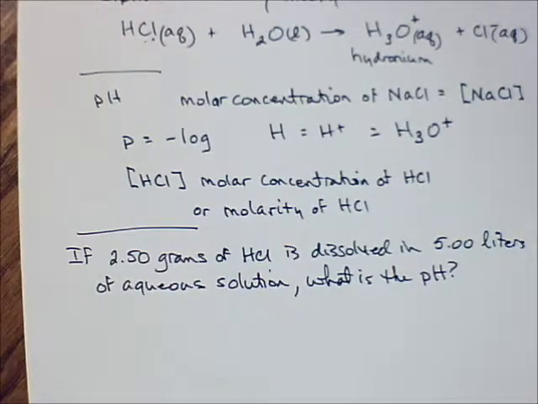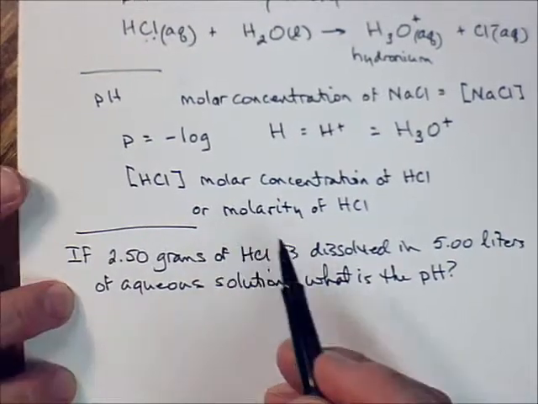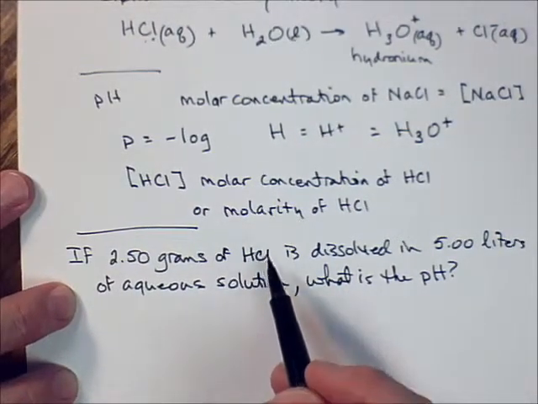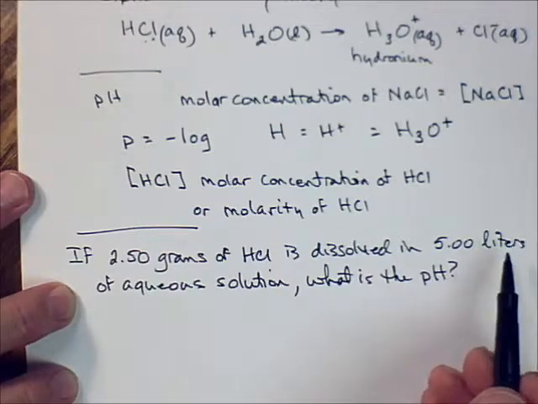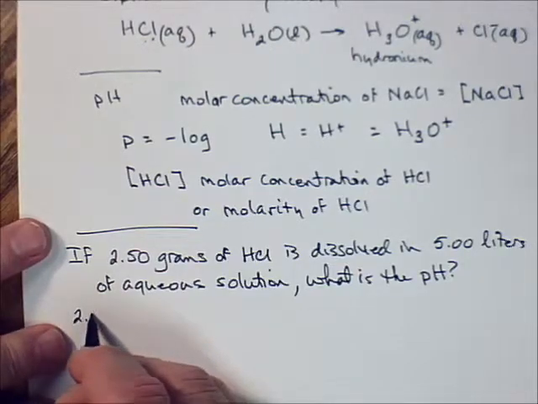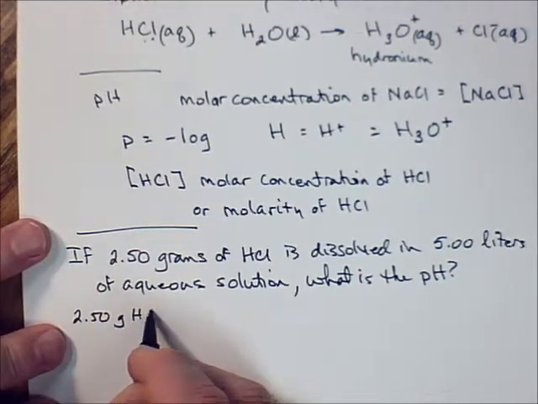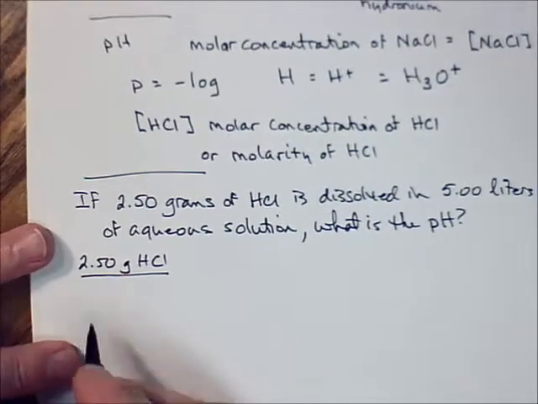If that much HCl is dissolved in 5 liters of aqueous solution, what's the pH? Well, pH is based on molar concentration, and molar concentration is moles of this stuff over 1 liter of the aqueous solution. So we're going to start with 2.50 grams of HCl. We're going to find the molar mass of HCl.